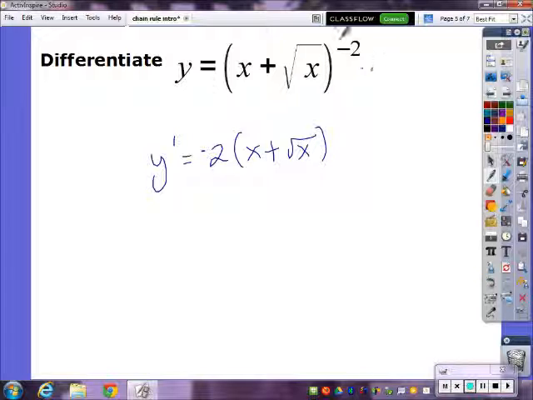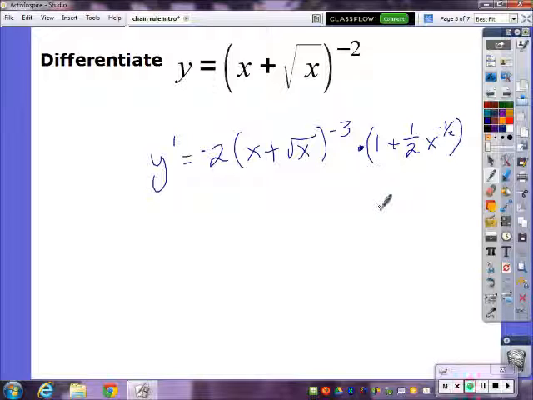We're using power rule because our outer function is an exponent. Subtract 1 times derivative of the inner. Don't forget parentheses. Derivative of x is 1. Derivative of the square root of x, same thing as x to the 1/2. So we multiply by that 1/2, subtract 1 from 1/2, you get negative 1/2. And that would be my derivative.